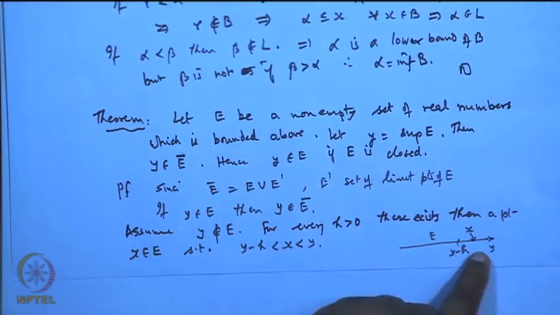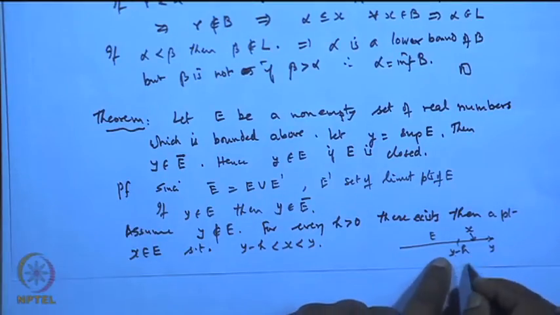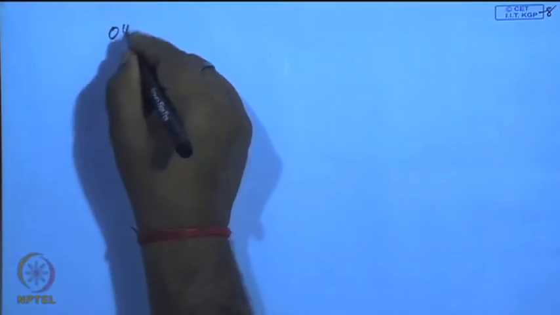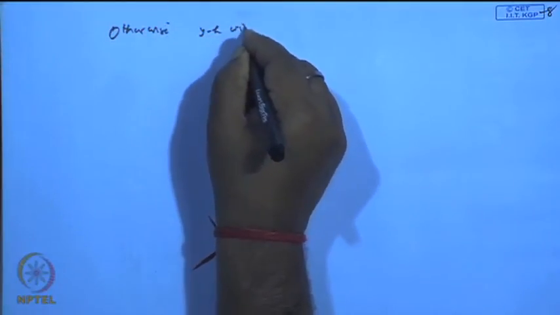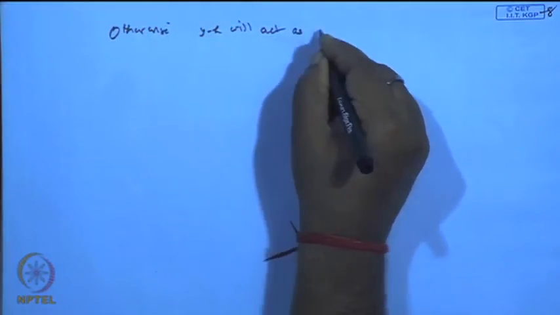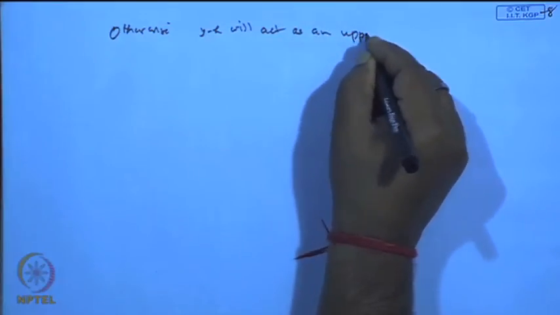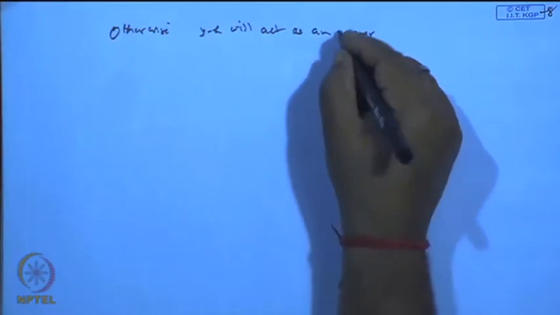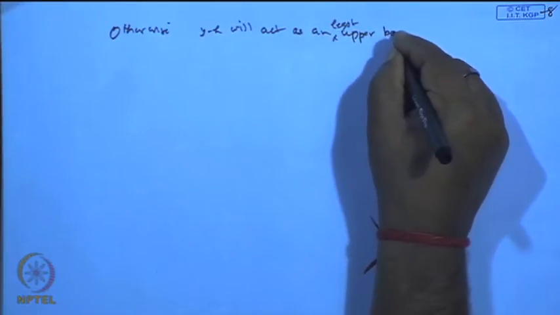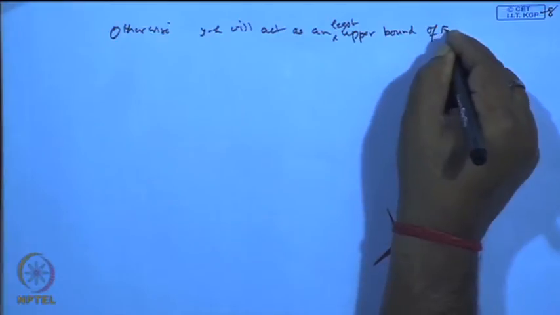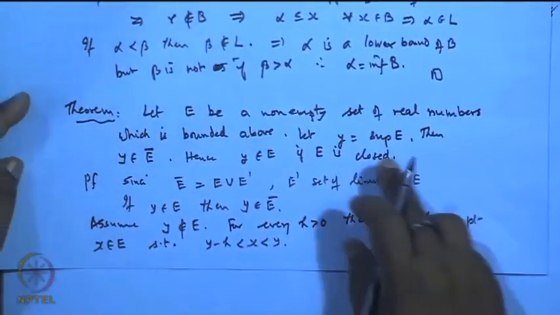Otherwise, y minus h would act as an upper bound, a least upper bound for E, which is not true, because y is given to be the least upper bound.